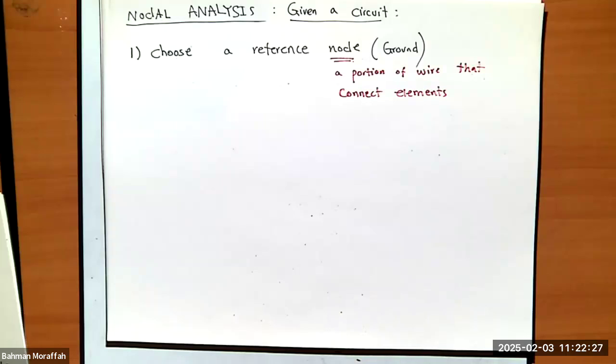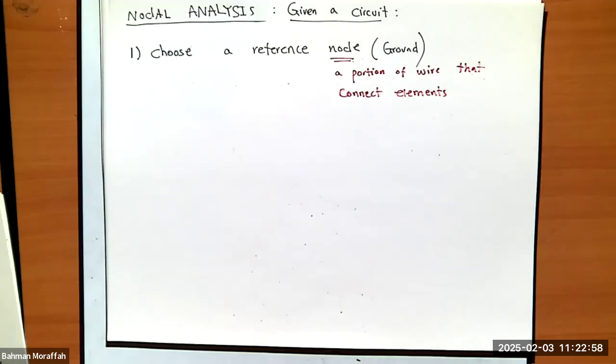It's 0. So we're going to choose a node in the circuit, and we're going to set the voltage for that node to be 0, and we call that node a reference node, right? Can it be any node in the circuit? Absolutely. But we usually choose the one with the most connections to it. Because if we zero out that node, we basically got rid of most connections and we don't really have to worry about it. So it makes it a little easier for us.